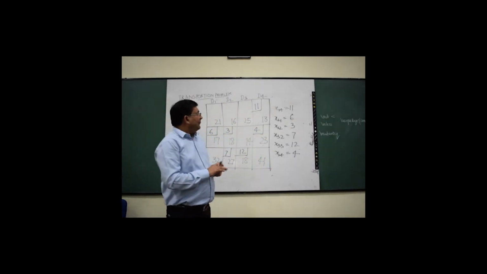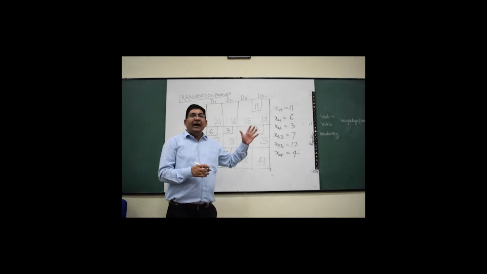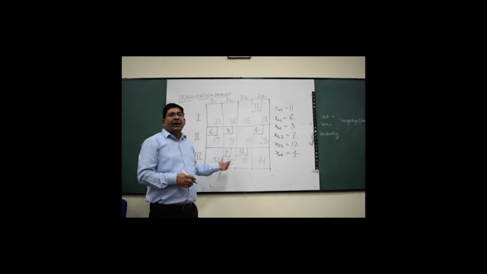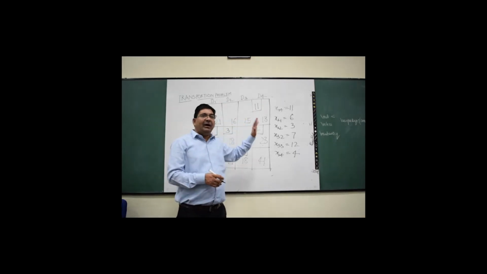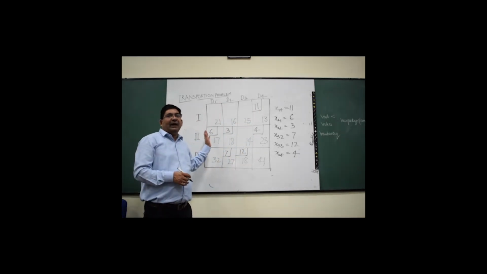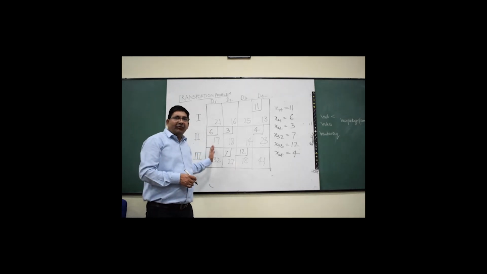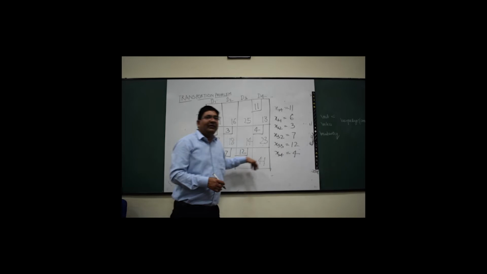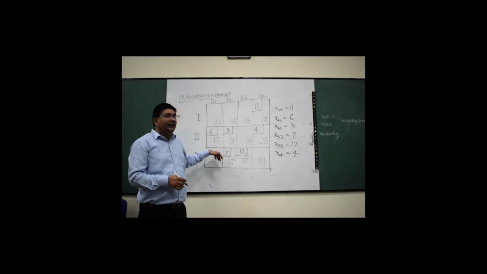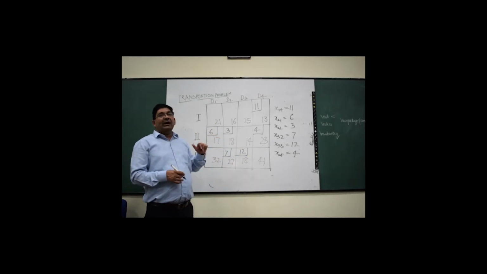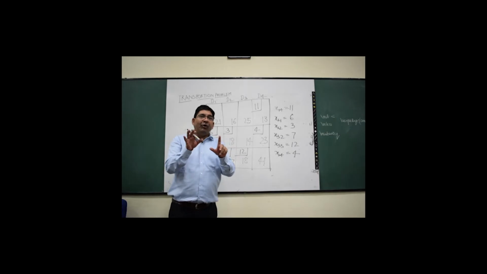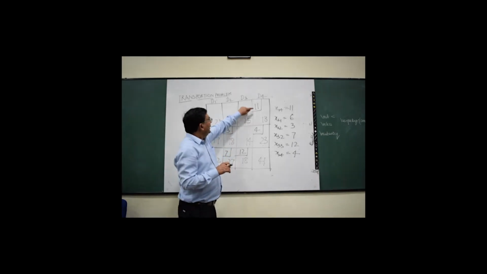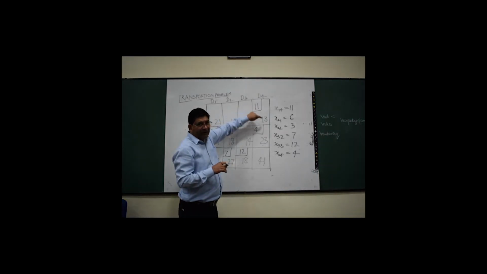Now, my purpose is what I'll do. These are the amounts to be transported from these three sources to various destinations, where the amount available at various sources is exhausted and the requirement of the four destinations is also complete. First, I'll find out the cost of transportation here. This is your amount to be transported, this is per unit cost.